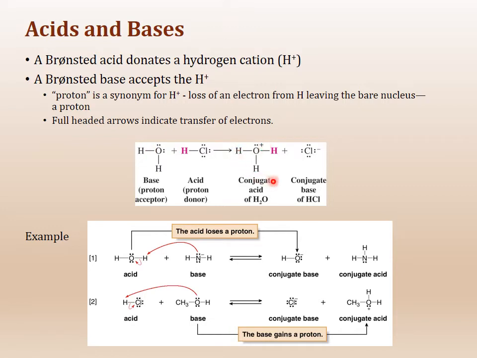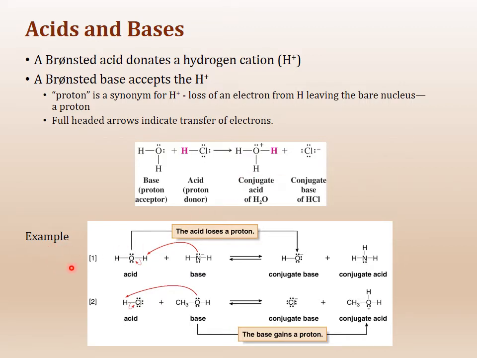So now finally in the products, the water has accepted the proton and became hydronium ion. The acid lost its proton and became chloride ion. The water goes from being H2O to H3O+, which is the conjugate acid. The hydrochloric acid was HCl and it went to Cl-, which is the conjugate base of HCl.